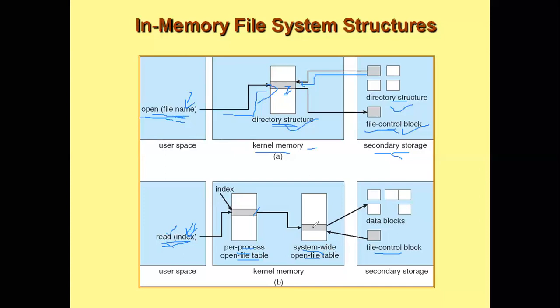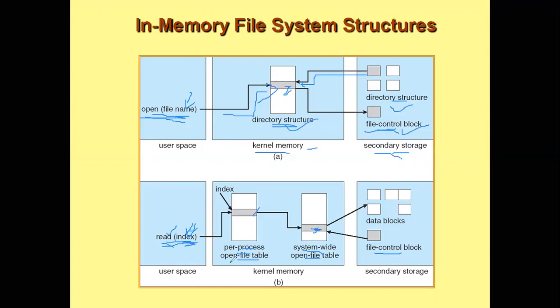Now, based on the information with respect to the location of the file, if you remember, I had mentioned that in the file control block you have pointers to data blocks, right? Each file is divided into data blocks, and for each of the data blocks of the file you have pointers. So this system wide open file table will have pointers to each of the data blocks with respect to the particular file that you mentioned in the index.